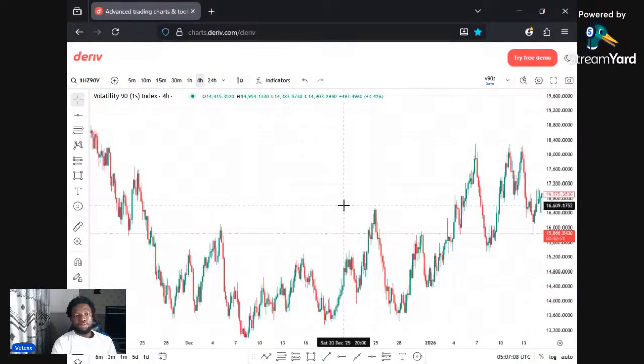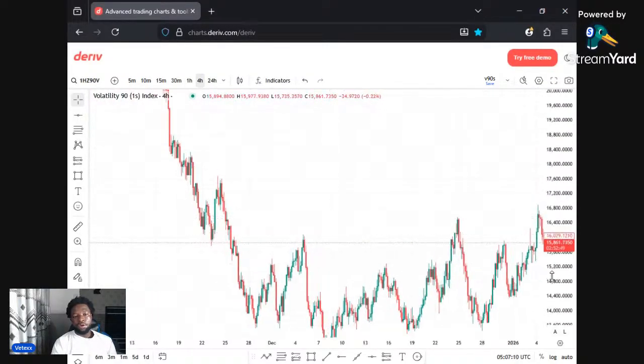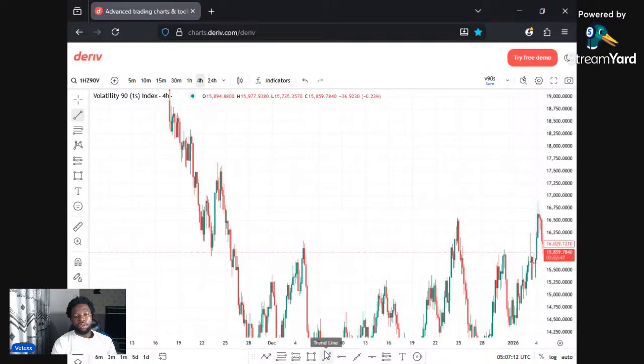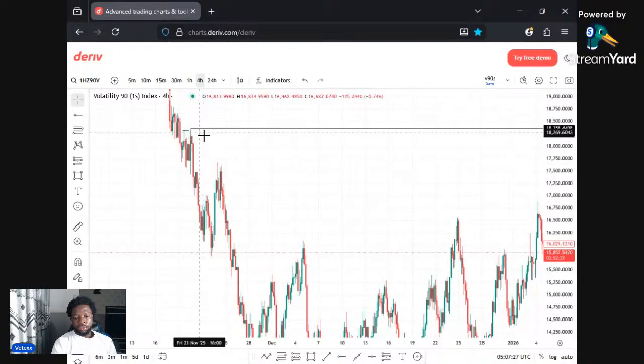So this is what to look out for on the 4 hour time frame. Let's see if we have any structure on the 4 hour time frame, because the 24-hour time frame has already given us the direction. You can see we have a sweep here, and then we have our protected high right here. From there we have our first break of structure, which is this.